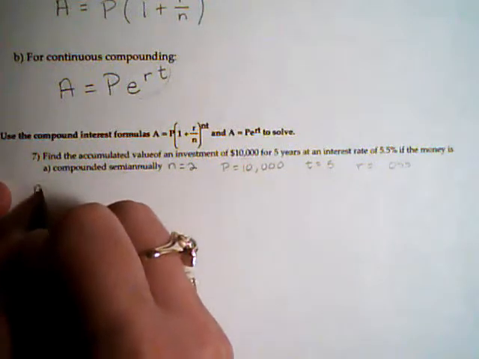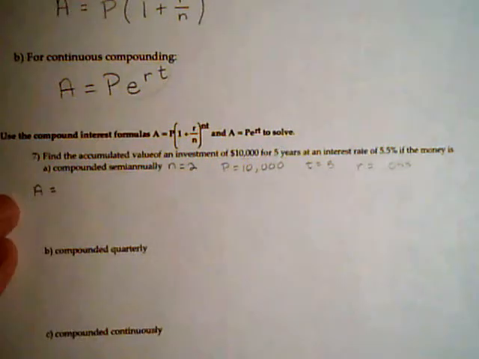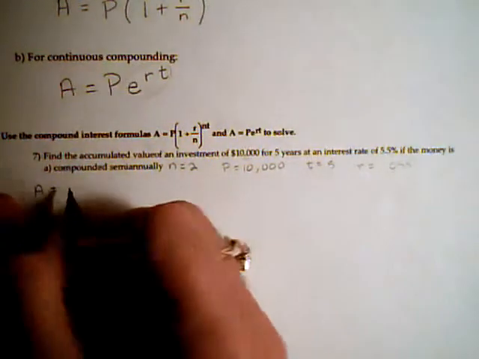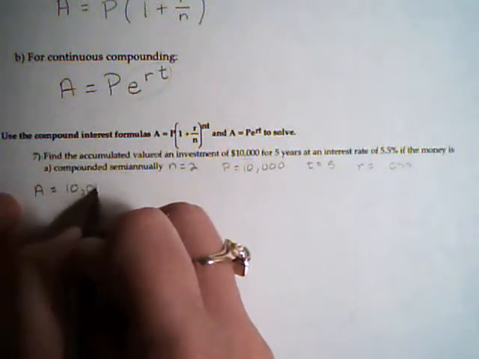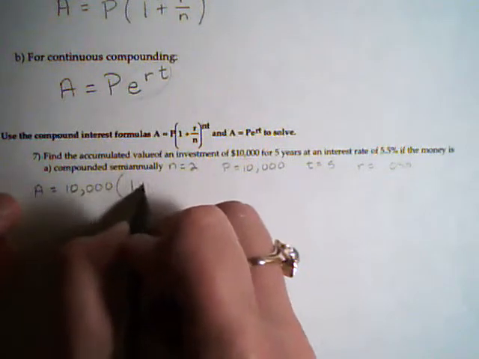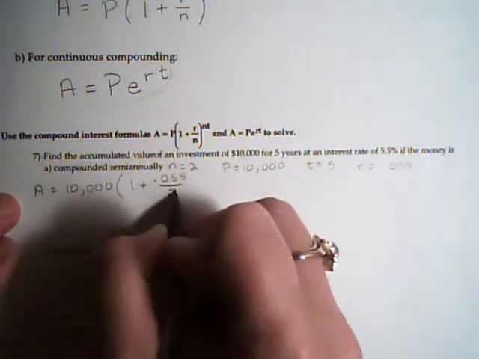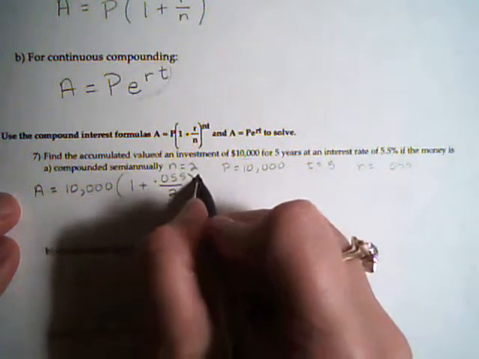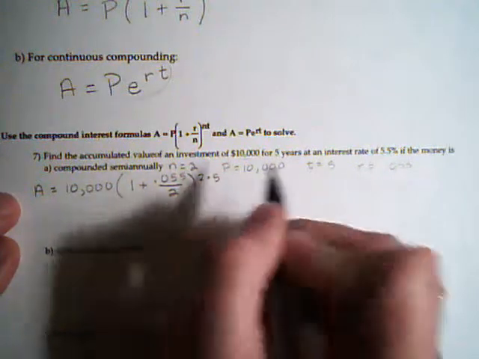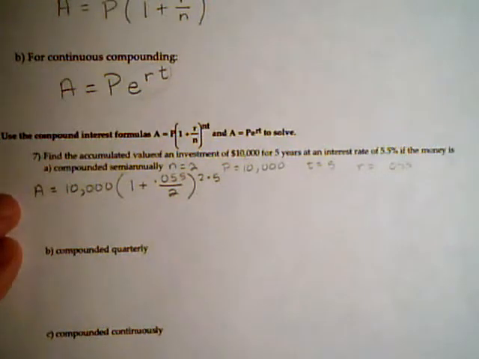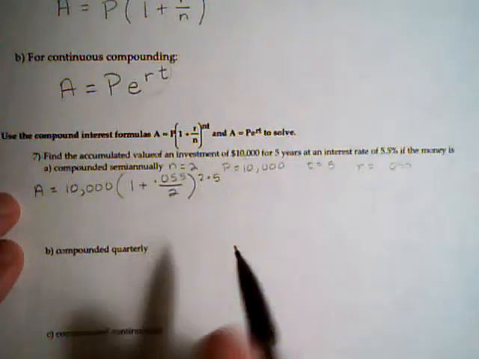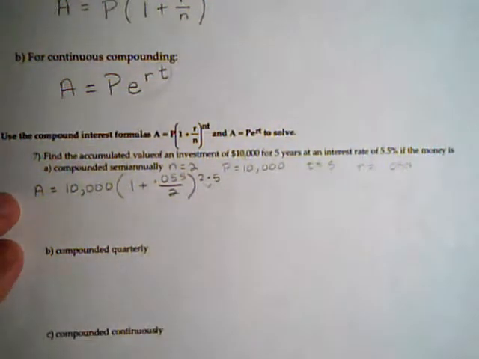So I'm going to plug those values into the first formula. We want to find what the account balance would be, so we want to find A. So that would be 10,000 times (1 plus 0.055 over 2) raised to the 2 times 5 power. On my calculator, I would not type 2 times 5. I would go ahead and know that that means 10.